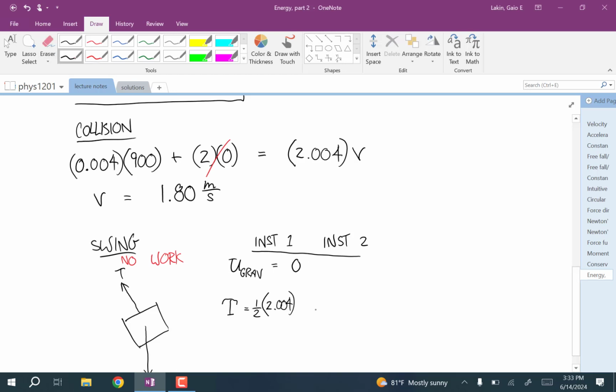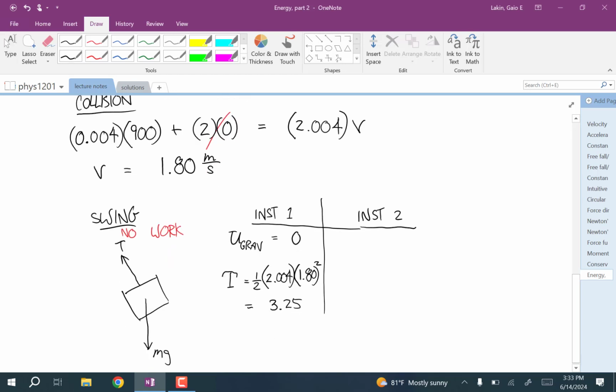Times 1.80 squared. Okay, and so that kinetic energy comes out to be 3.25 joules.